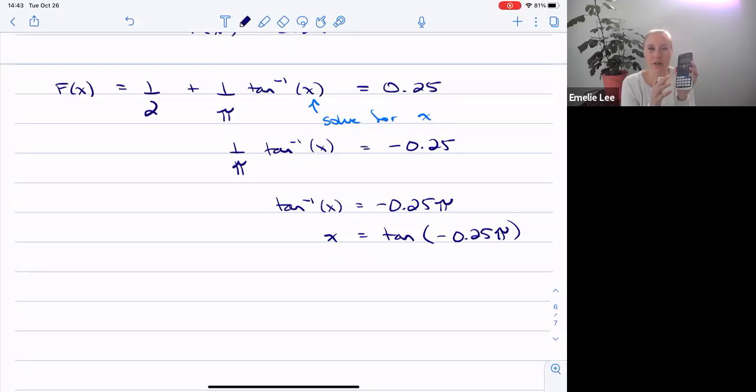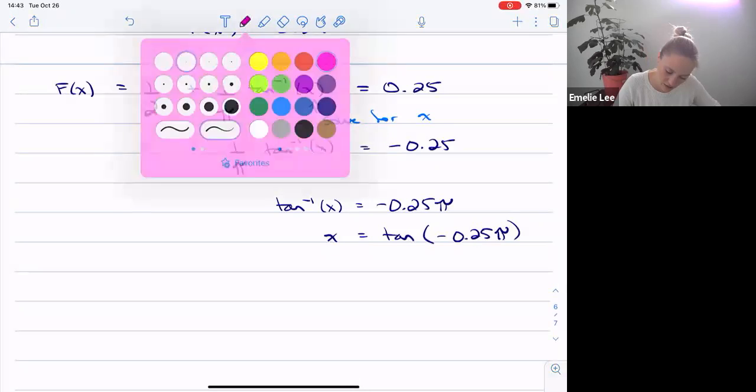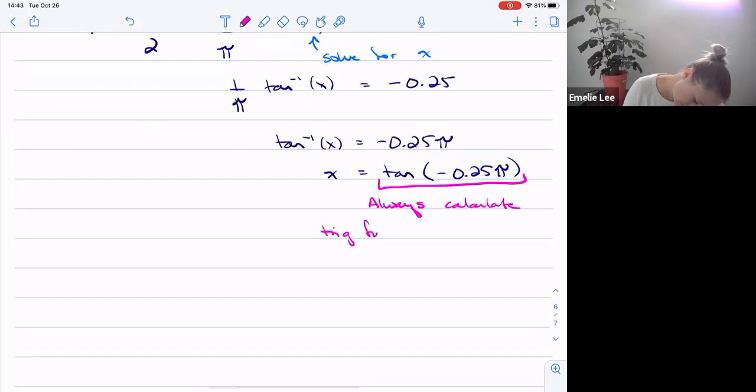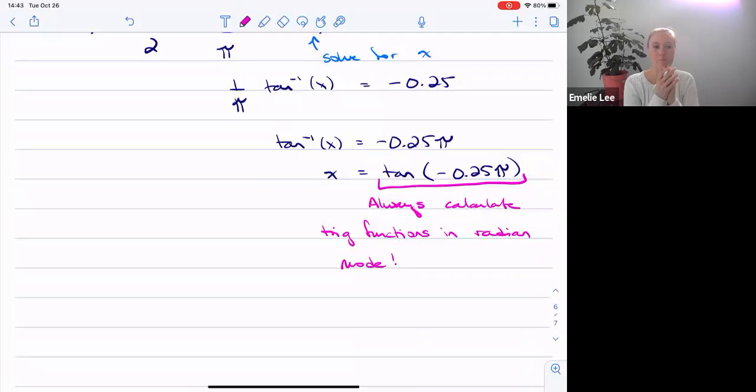If we do it on your calculator, make sure you're in radian mode. Always calculate trig functions in radian mode, unless it has a little degree symbol, right?